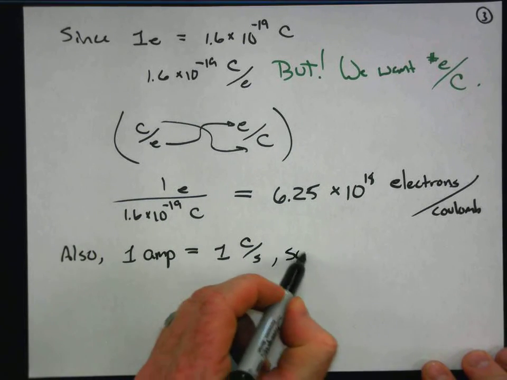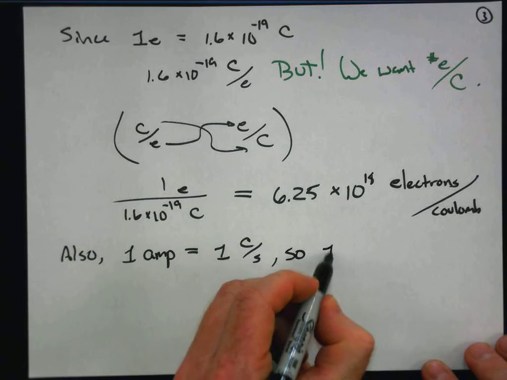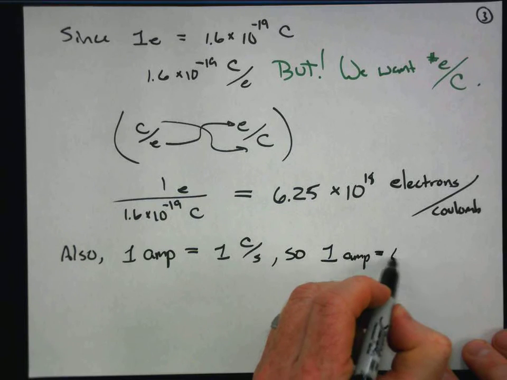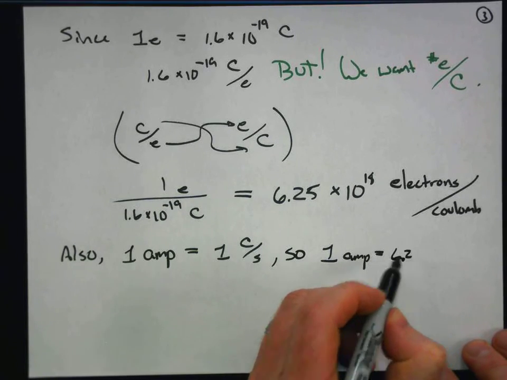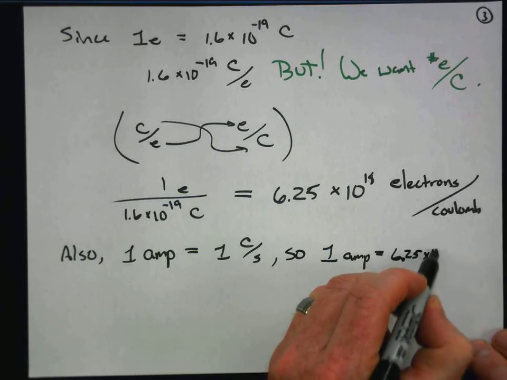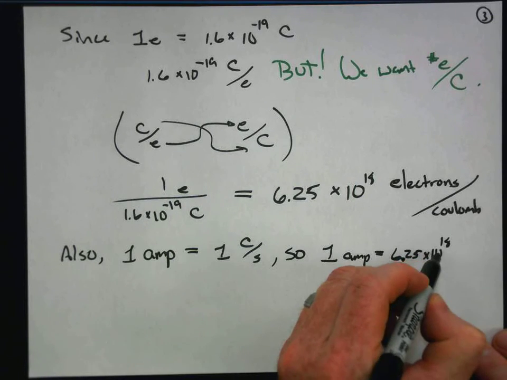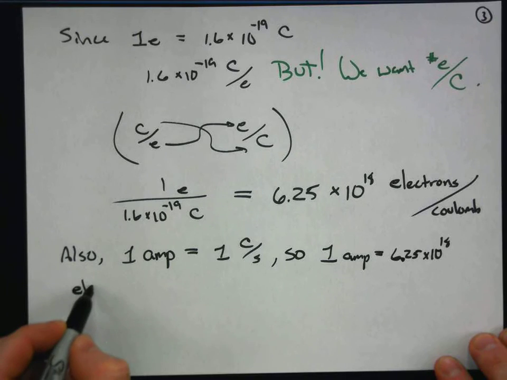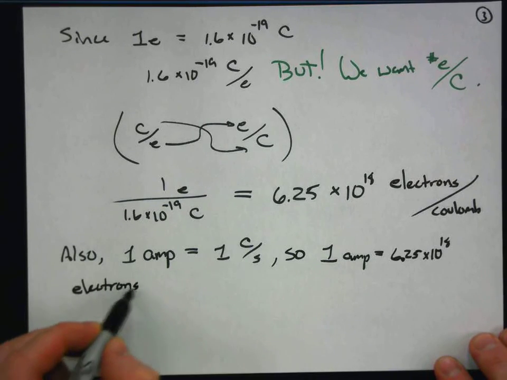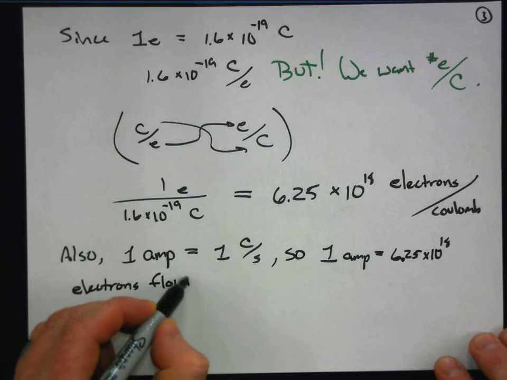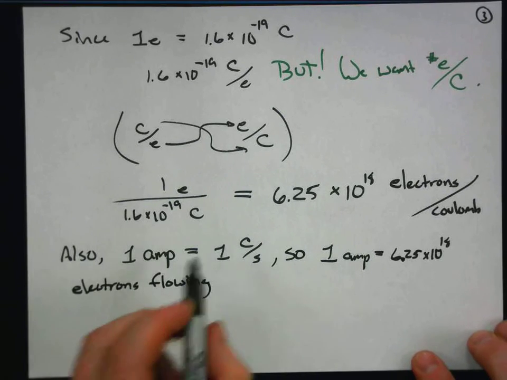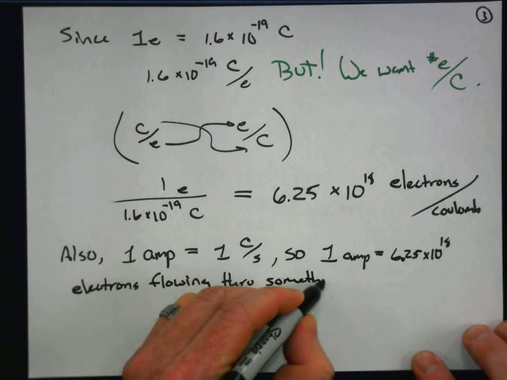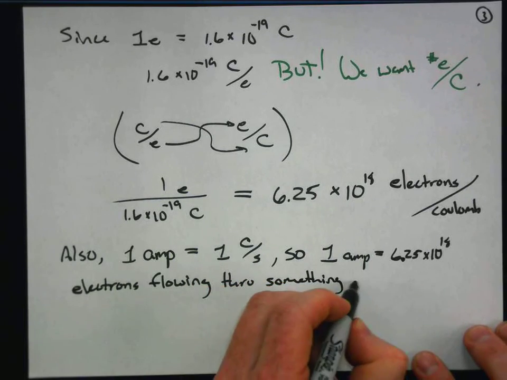So I can combine those two things. 1 amp equals 6.25, there's a decimal right there, times 10 to the 18 electrons flowing through a material every second.